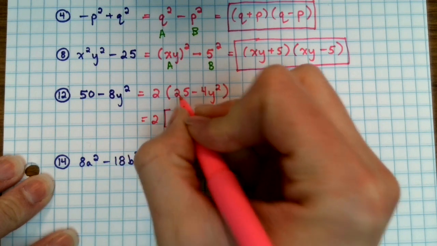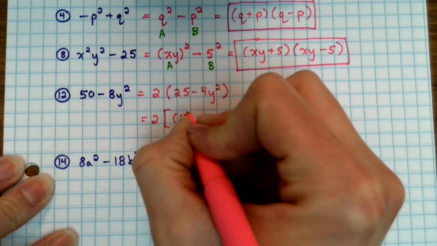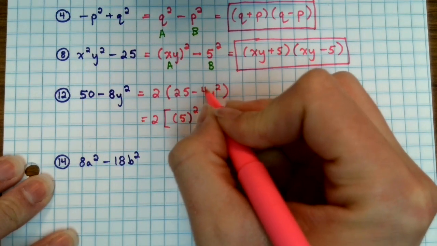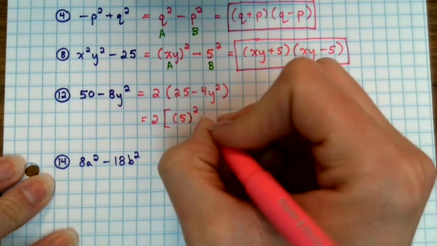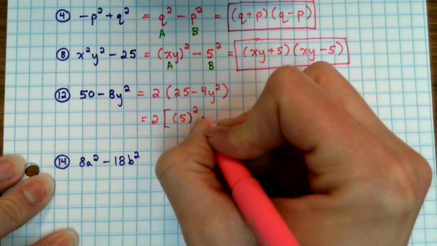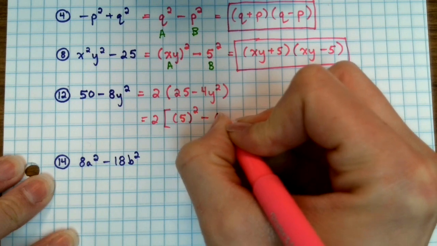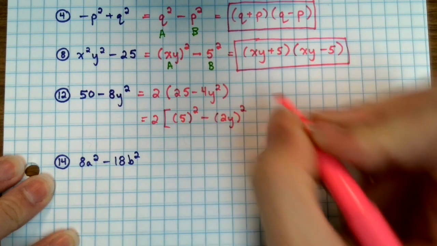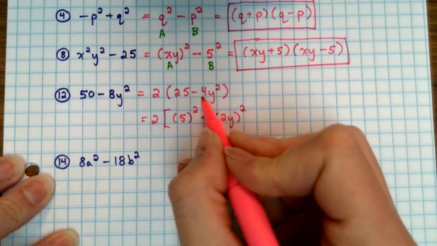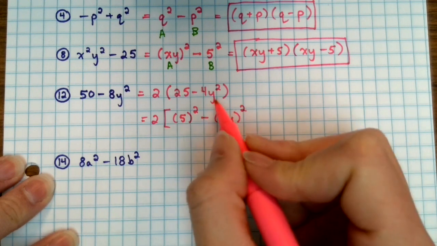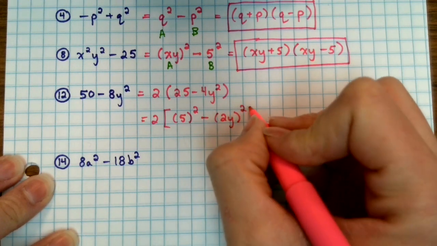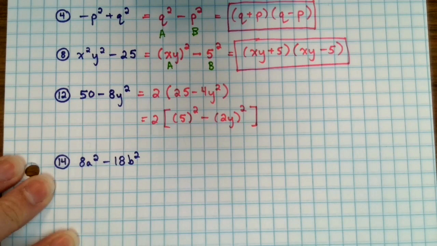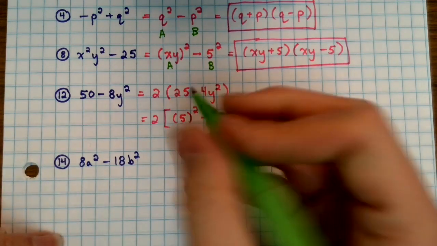And remember, 25 we can rewrite as 5 squared. This 4y squared, we can rewrite as minus 2y squared, because 2 squared turns into 4, and then y to the second power would be the y squared. So now that we rewrote it out like that, we can hopefully see a little bit easier what our a and b values are.